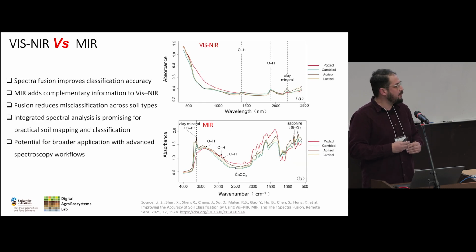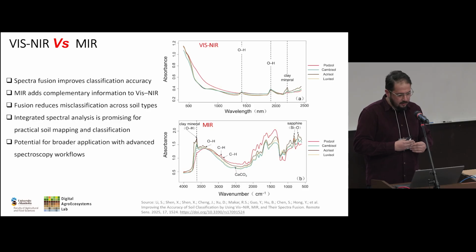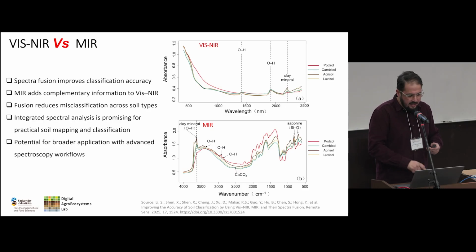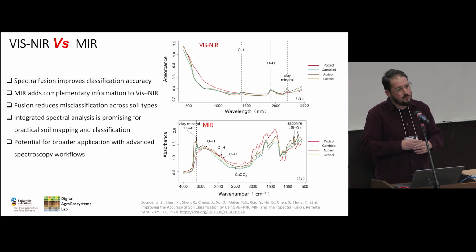With this example, you're looking at different colors within the curves here in the lines, each one representing a different soil type. The above figure is showing the visible near-infrared. The smaller the wavelengths, the higher the frequency, and the bottom figure is showing the larger the wavelengths, the lower the frequency.